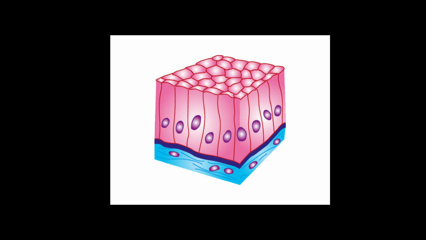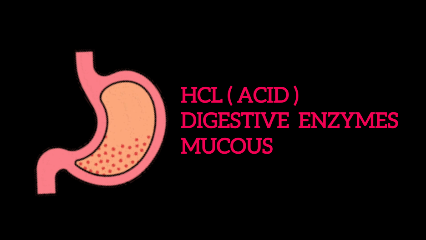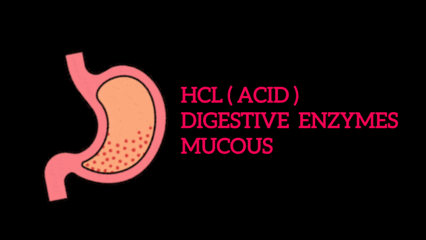Next one is columnar epithelium, meaning pillar-like. Where do we find this columnar epithelium in our body? This tissue is mostly found in the inner linings of the stomach, small intestine and large intestine. The function is absorption as well as secretion. The inner lining of the stomach is made up of columnar epithelium which secretes acid, digestive enzymes, and mucus.